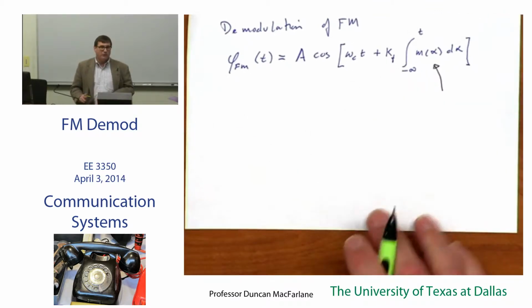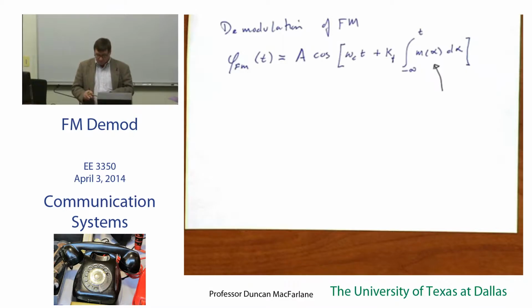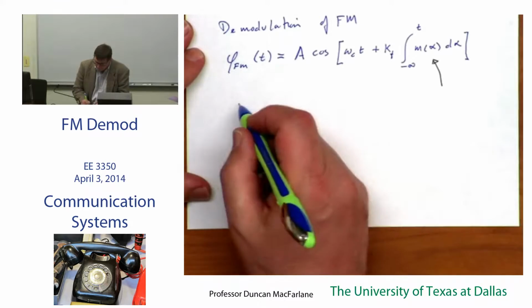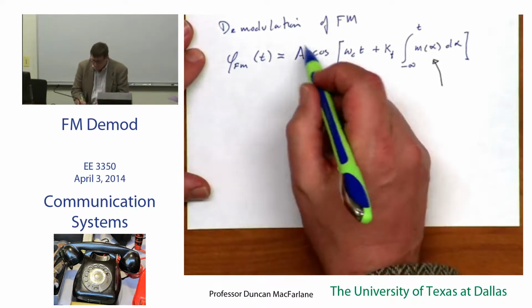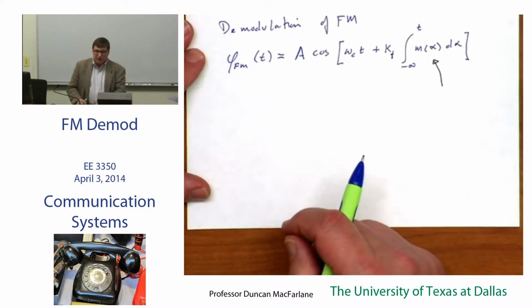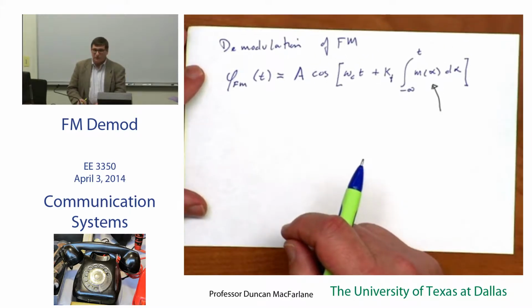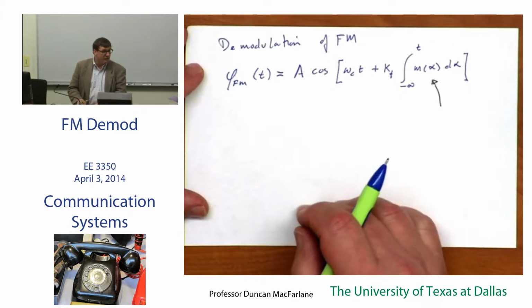That's the goal, that's what we want. And we've done a very good job of protecting it inside the cosine. Now, if we think a little bit about what this means, then the A will be a constant, or it should be a constant. This amplitude of our sinusoid should be a constant.